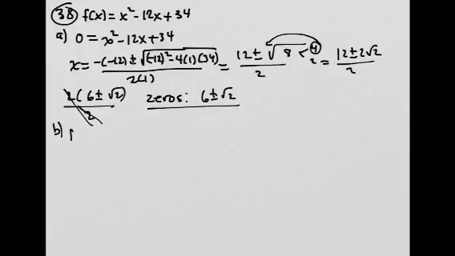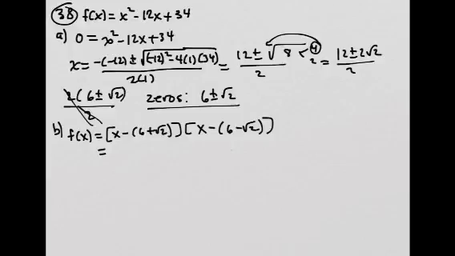So you're going to write f of x equals, because it's a complex 0, you have to use the brackets initially, like this, and then x minus 6 minus radical 2, and then simplify this by distributing the negative. Like this, and here it is, f of x.